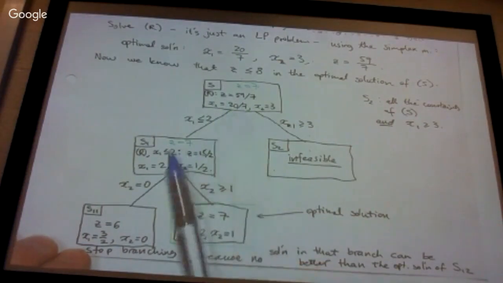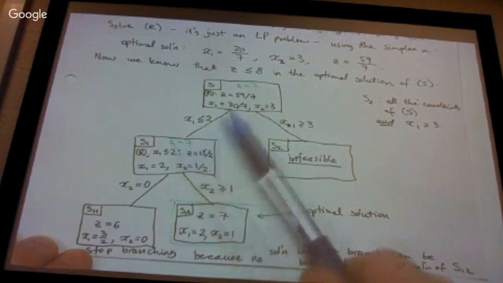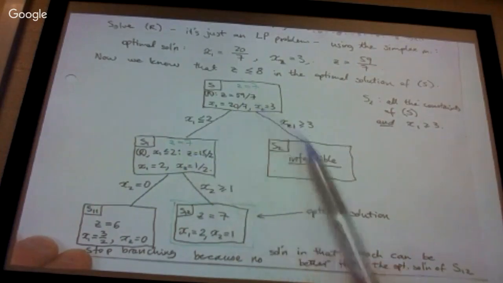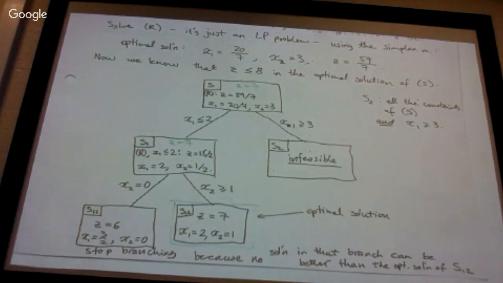So then you create 2 subproblems in which one of them is less than or equal to 2, and the other one is greater than or equal to 3, because no integer can be more than 2 and less than 3. They have to be either less than or equal to 2 or greater than or equal to 3. No integers between them.